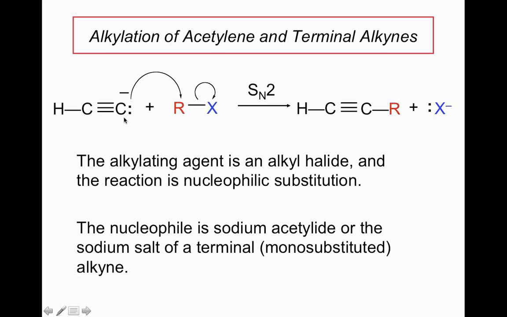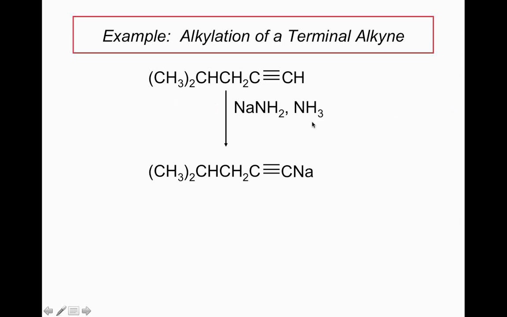In effect, this allows us to take a terminal alkyne and produce an internal alkyne in cases where we begin with a terminal alkyne that already contains an alkyl group on it. So, let's take a look at a series of steps in a synthesis that involves the alkylation of a terminal alkyne. Here we have an alkyl chain that contains an alkyne functional group at the end of it.